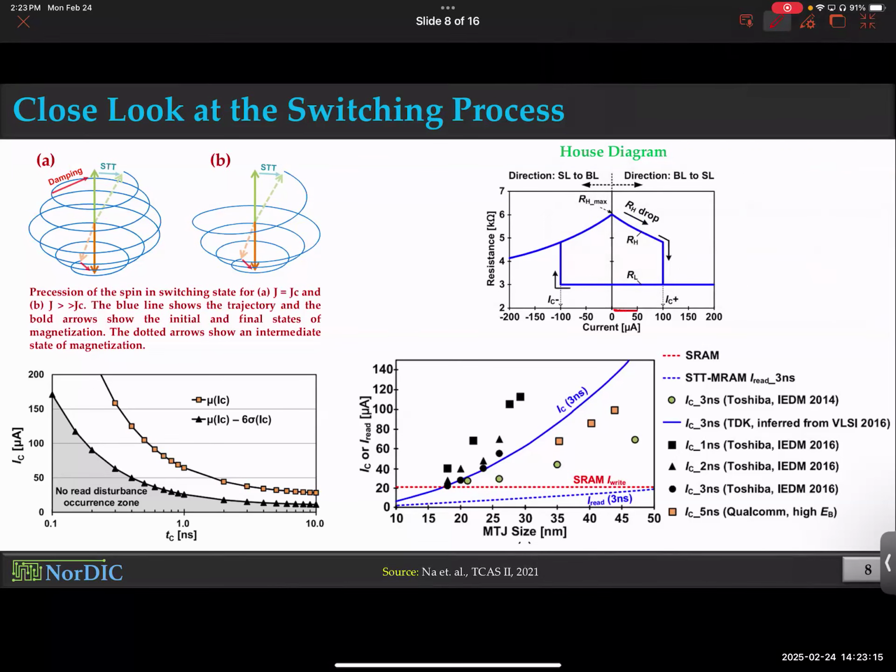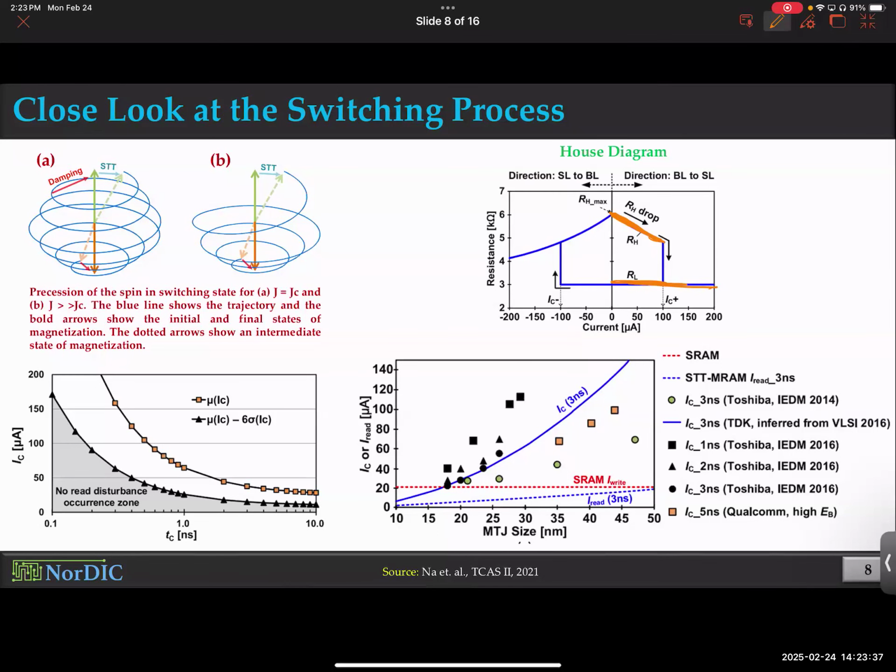And you could plot it with respect to current or voltage, but notice the resistance. Take a look as I draw, because they don't typically use different colors to represent this. This line, do you think it represents the anti-parallel state or the parallel state? These two lines represent two different states.